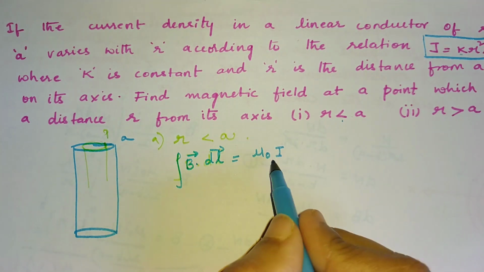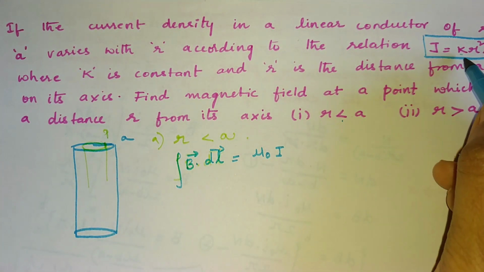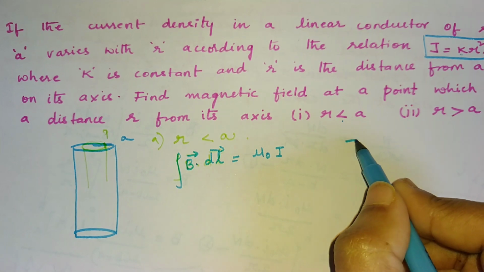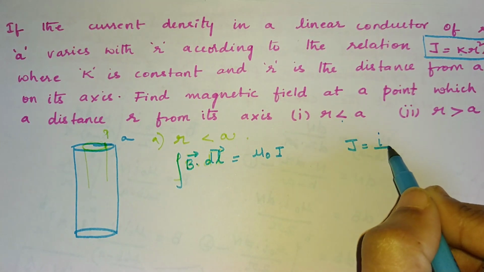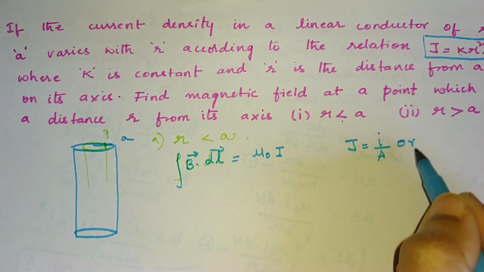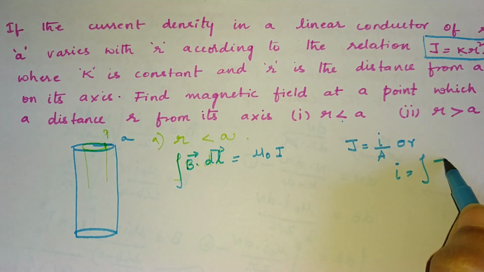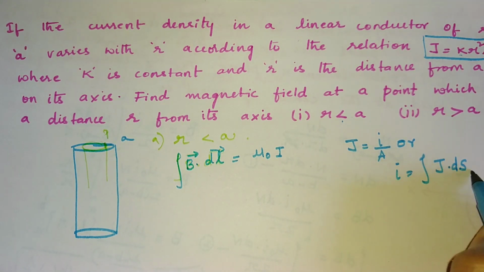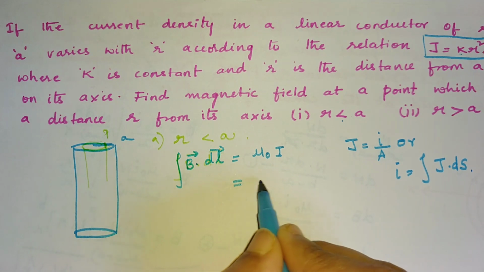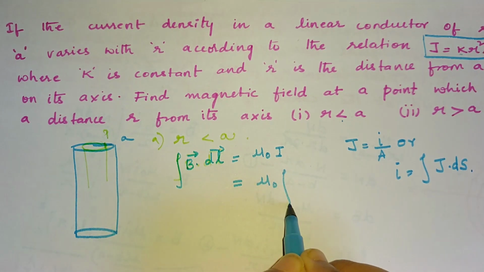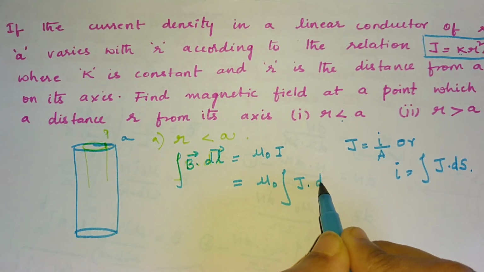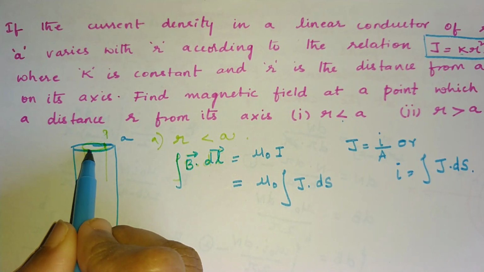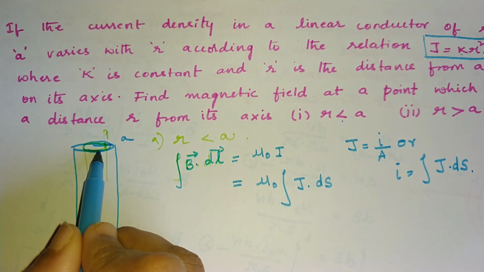And since we do not know the value of I, we will evaluate it by using J. Remember, current density is I divided by area of cross section, or current is equal to integral of J dot ds. So instead of I, I will write mu naught integral of J dot ds, where ds is a small surface area which you have to select.